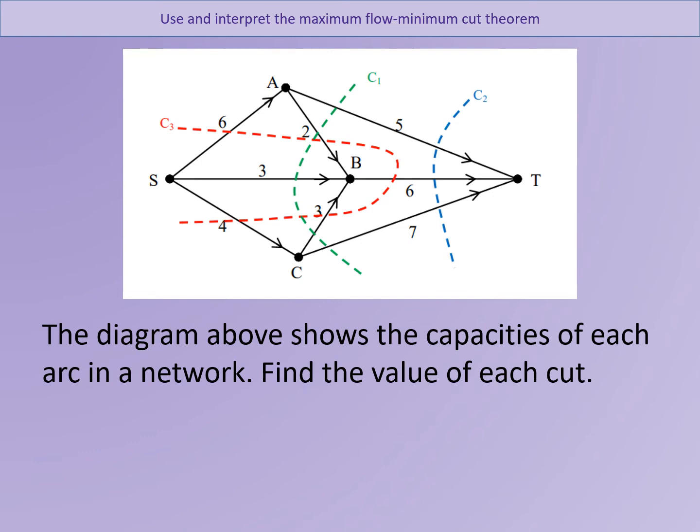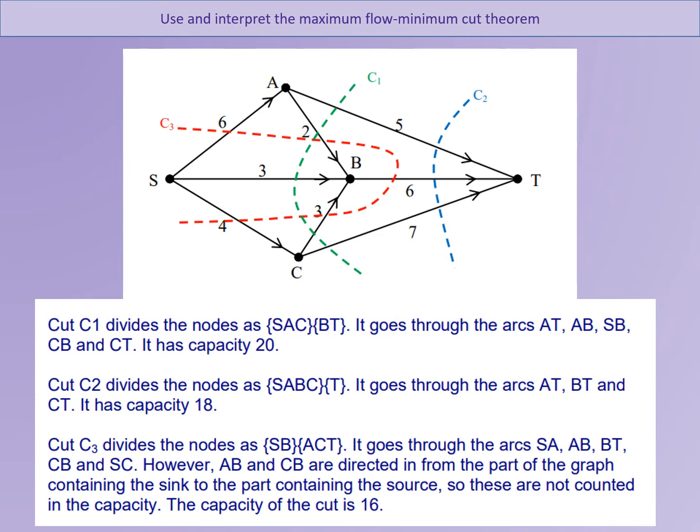So here, if you can pause the slide, calculate the value of each of these cuts, and then unpause. So the values: cut C1, which can be written in set notation as {S, A, C} and {B, T}, has a capacity of 20.